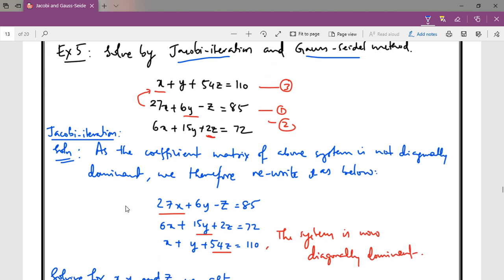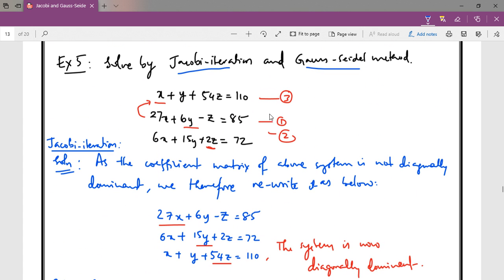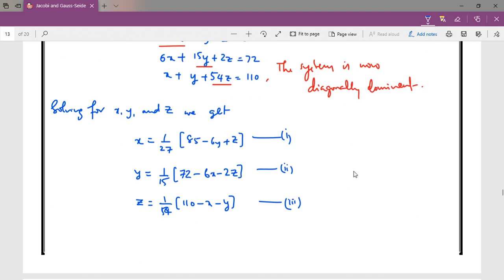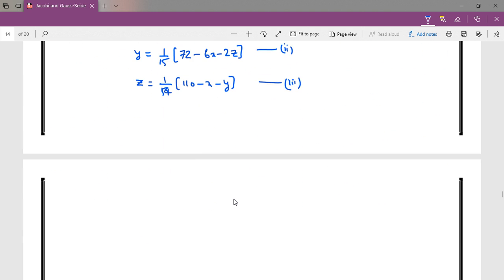Up to this step, both Gauss-Seidel and Jacobi iteration are the same, so we can take this to the next line. Now this is for Jacobi iteration.